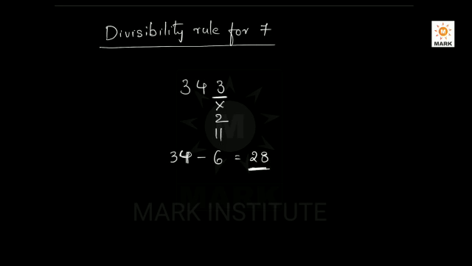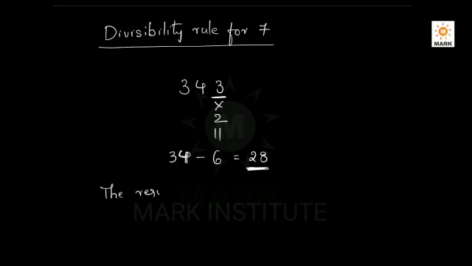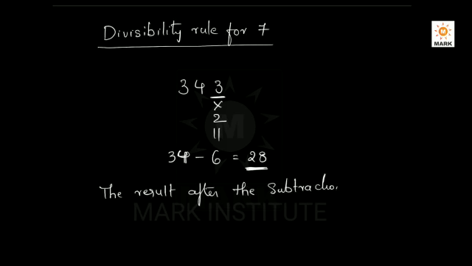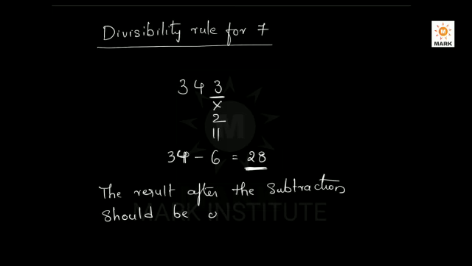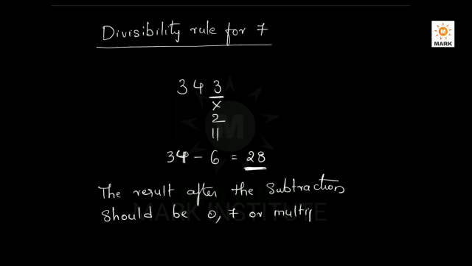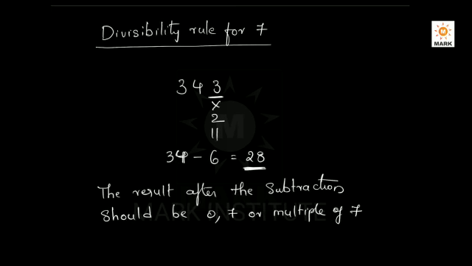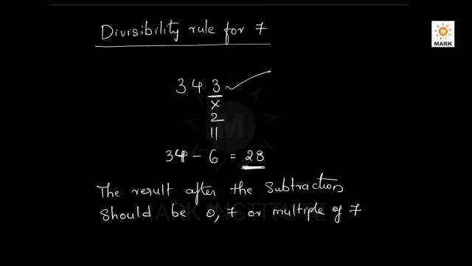The condition, which I am writing clearly: whatever result you get after the subtraction should be 0, 7 or a multiple of 7. Then that whole number is exactly divisible by 7. Here 28 is a multiple of 7, which means 343 is divisible by 7.